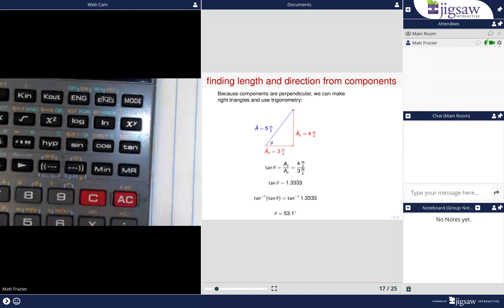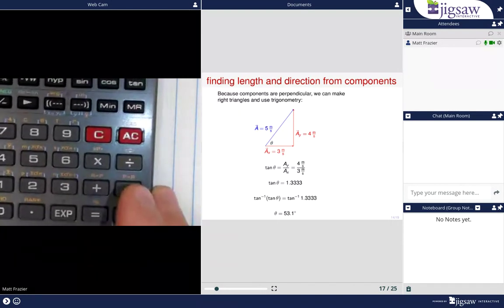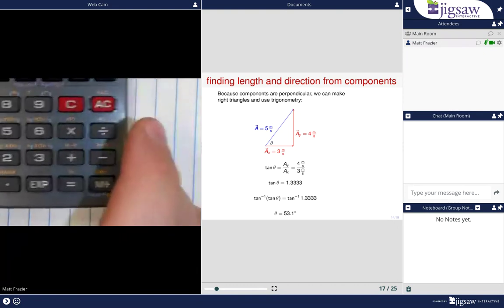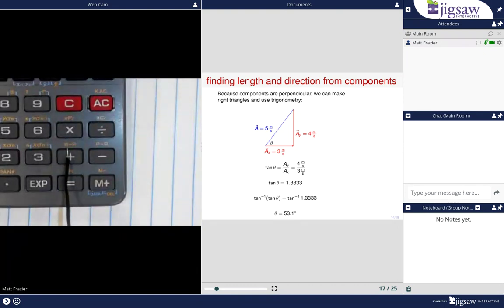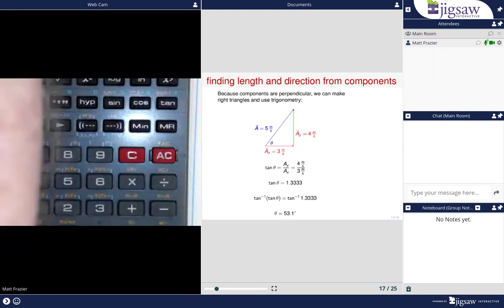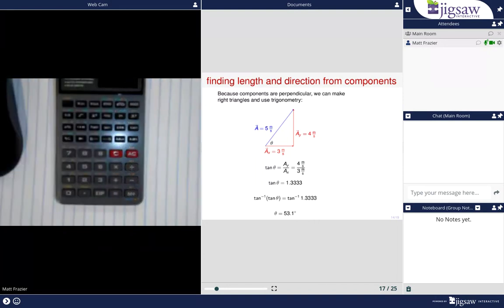I'll point out something while I'm here as an aside. I know I'm going off on tangents, but my calculator, and yours probably does too, has functions for going rectangular to polar and polar to rectangular. So we'll zoom out a bit and focus.